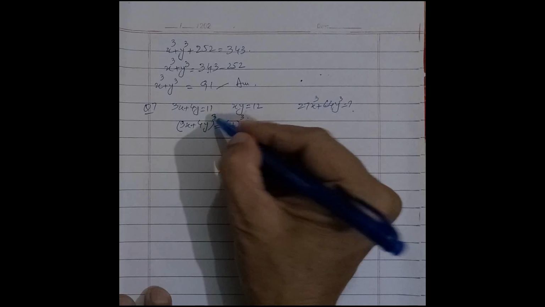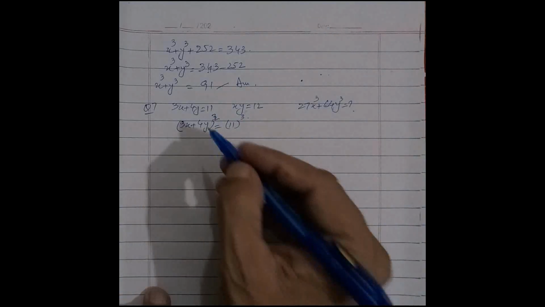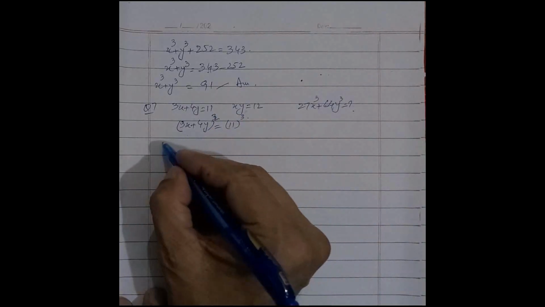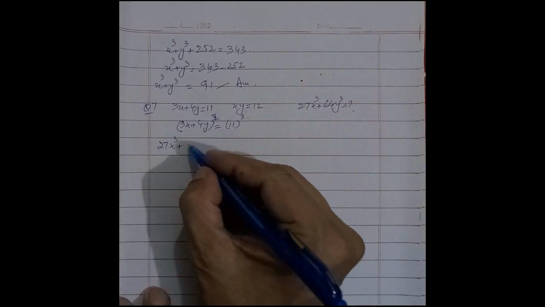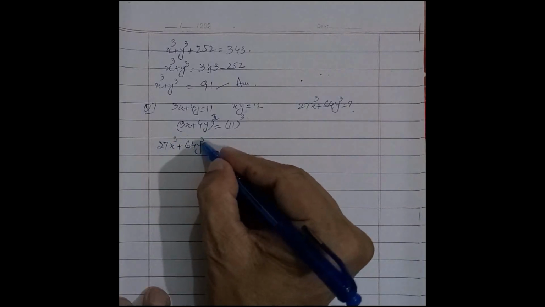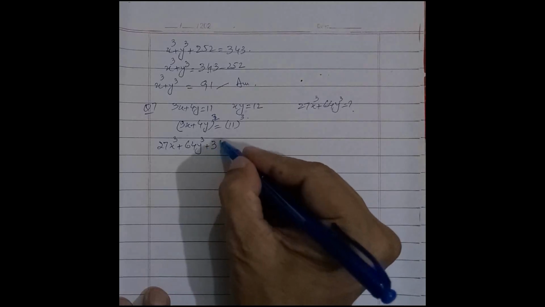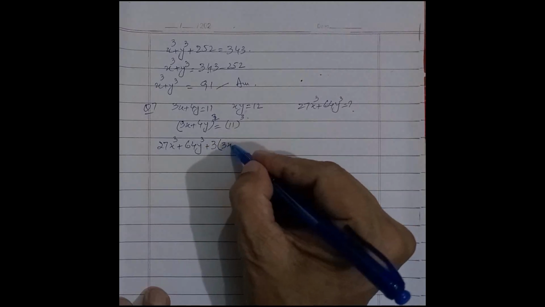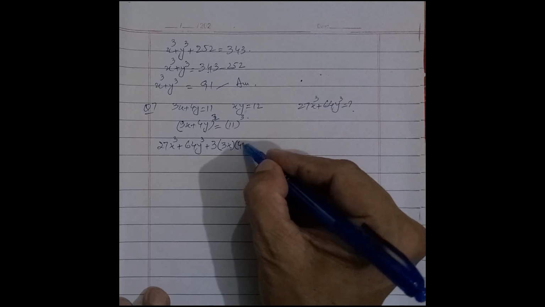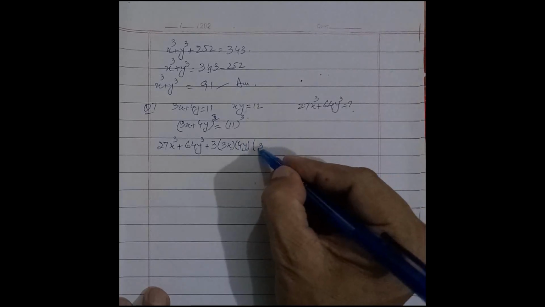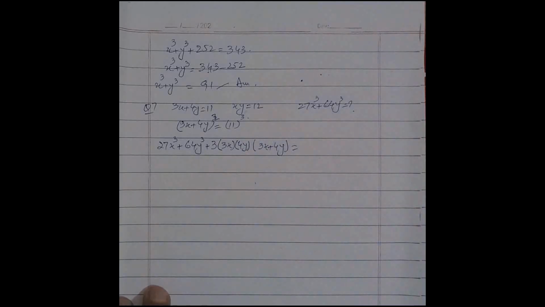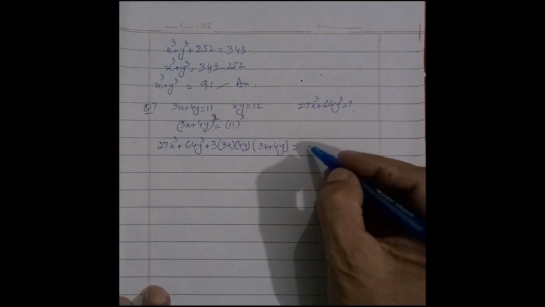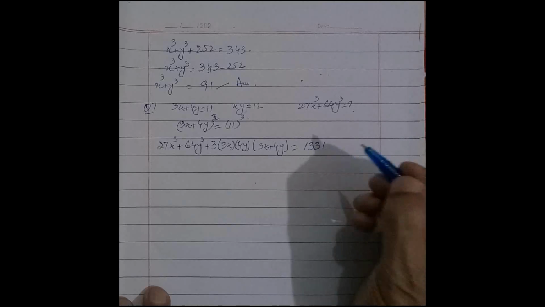Here we take cube. The answer is 3x cube is 27x3 plus 4y cube is 64y cube plus 3 into x, which is 3x, y, which is 4y, into (3x plus 4y), is equal to 11 cube, which is 1331.